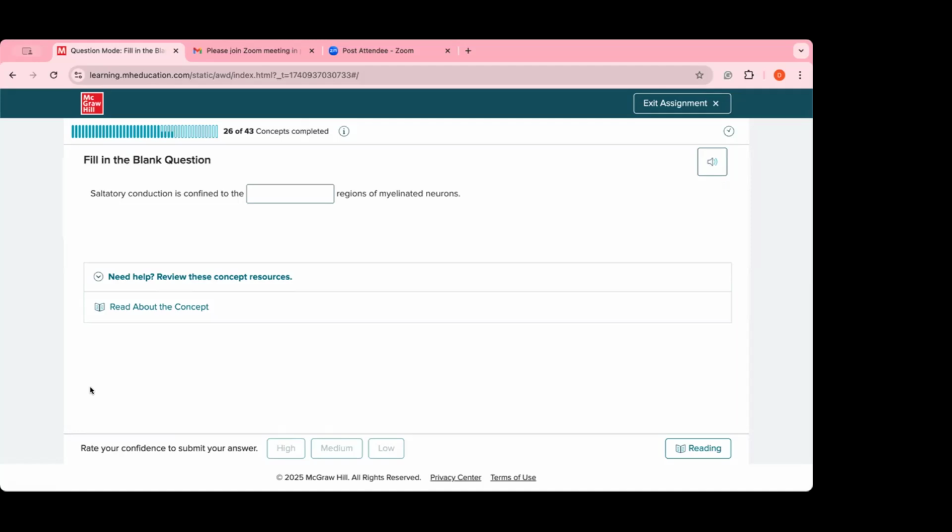Oh, is that what it wants to do? To the blank regions.